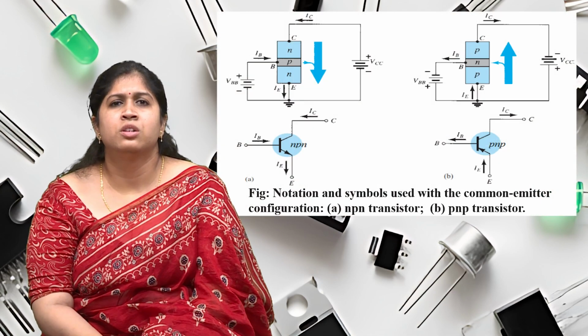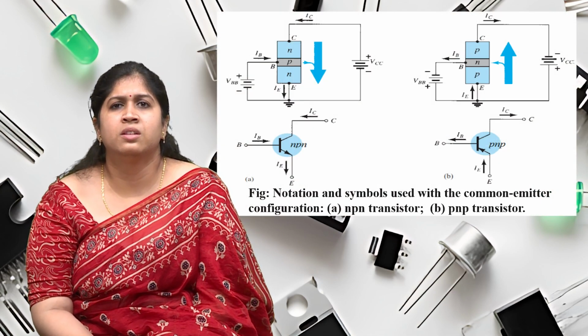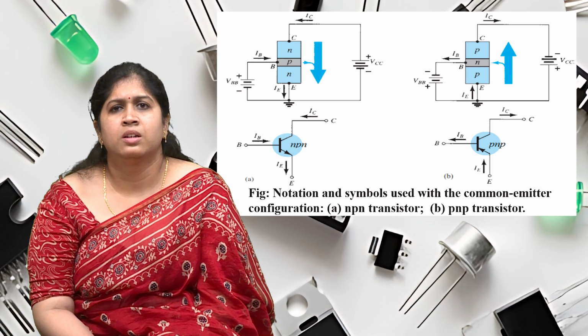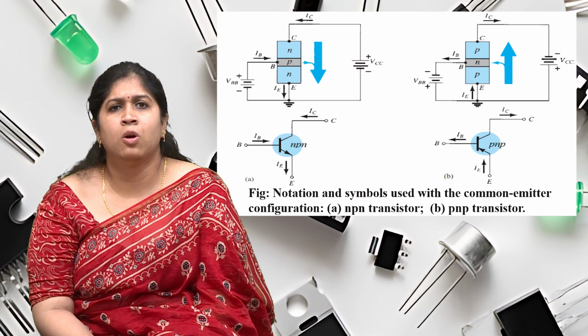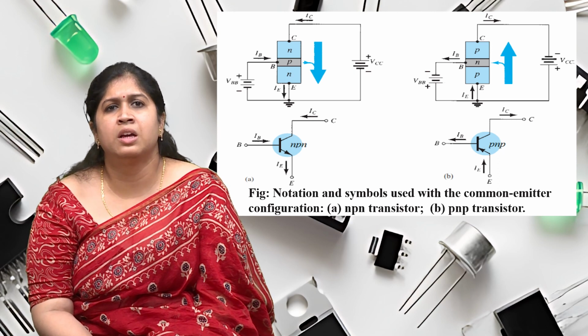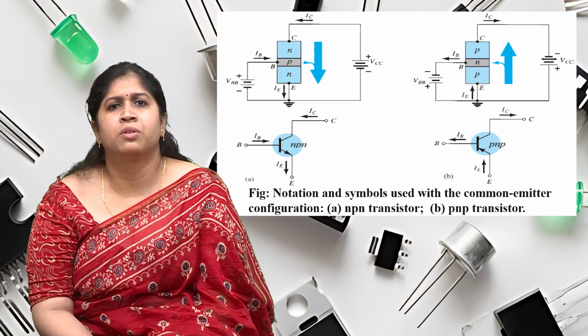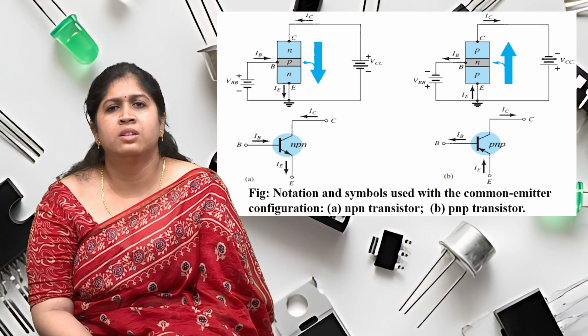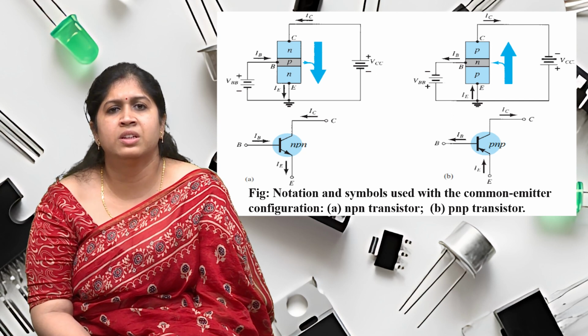This figure shows the notation and symbol of the transistor used with the common emitter configuration. The common emitter type is the most frequently encountered transistor configuration. Figure: notation and symbol used with the common emitter configuration.